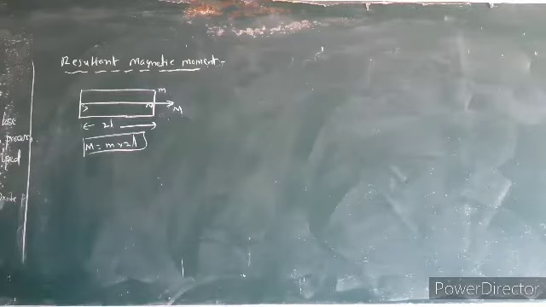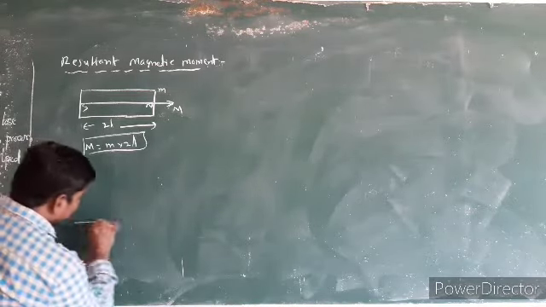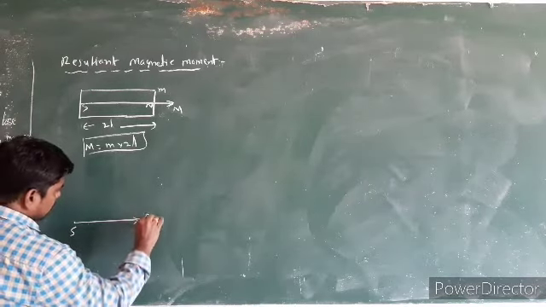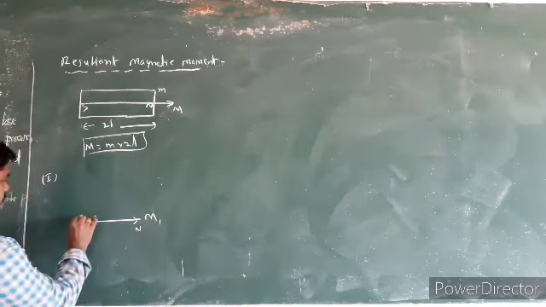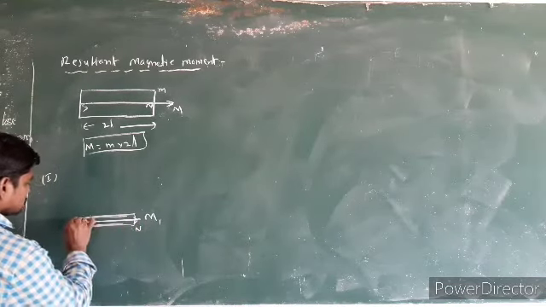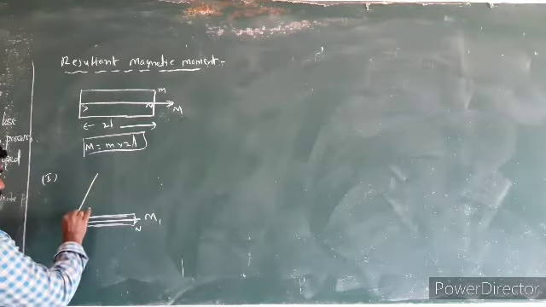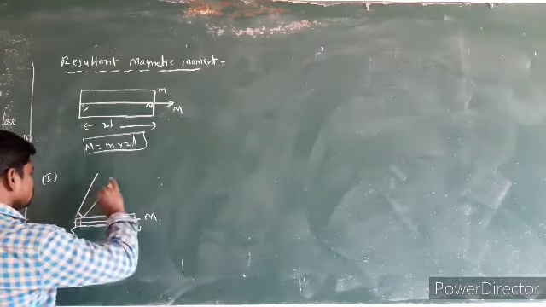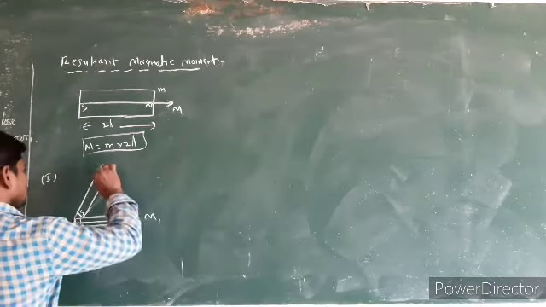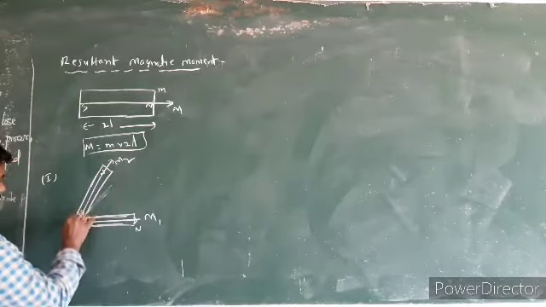Now, resultant magnetic moment. Here two bar magnets, south to north, are placed like this. The magnetic moment of this magnet is M1, and of the other magnet is M2.